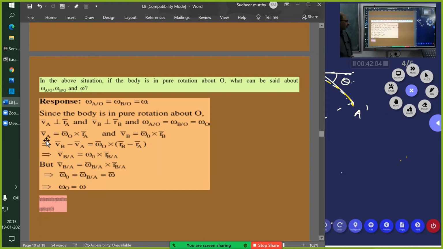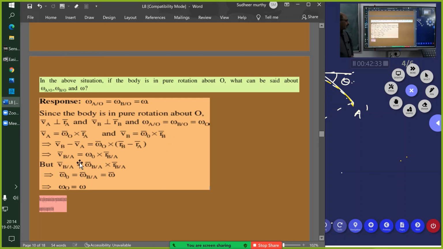Now VA is equal to omega O cross RA. And VB is equal to omega O cross RB, because the body itself is rotating with omega about the point O. So then VB minus VA is equal to omega into RB minus RA.